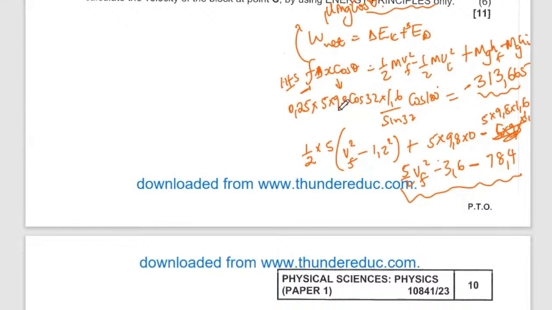So my correspondences are still fine. It's 5 over 2 v squared minus the 8. Then divide both sides. Now move the 8 first. Move the 83.